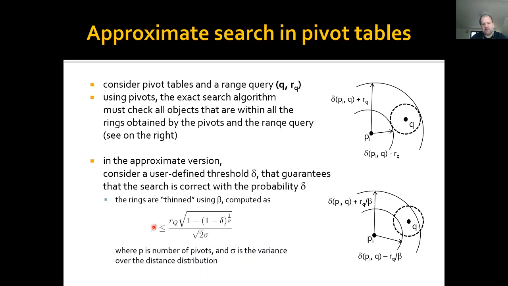Then we compute the beta, which is basically just a lower bound, and the beta works as the reduction factor. If the beta is computed like this, we have a statistical, probabilistic guarantee that the results will be correct with this probability. So this is another way to use pivot tables for approximate search.